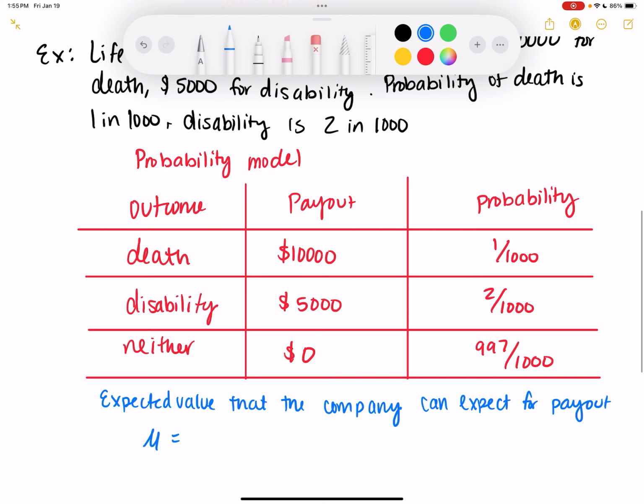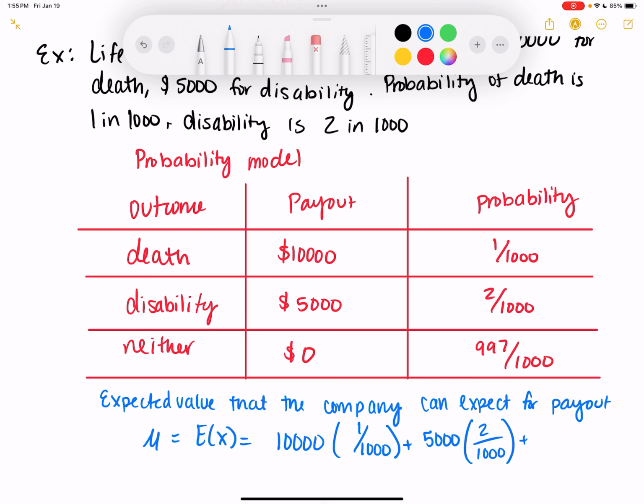mu is equal to E of X, which is going to be 10,000. Okay, so it's the payout times the probability of it happening, which is 1 out of 1,000, plus the payout 5,000 times the probability of it happening, so 2 out of 1,000, plus the payout, which is 0, times the probability of that, which is 997 out of 1,000, which ordinarily I wouldn't write that one, but for the sake of you seeing this, I will.